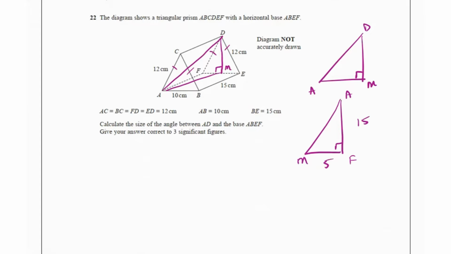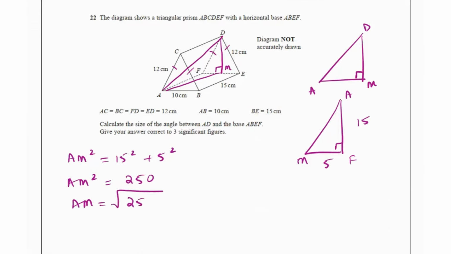So using Pythagoras, we're going to find the length of AM. So AM squared equals 15 squared plus 5 squared. That's going to be 250. So AM is going to be the root of 250, which equals 15.81 centimeters.